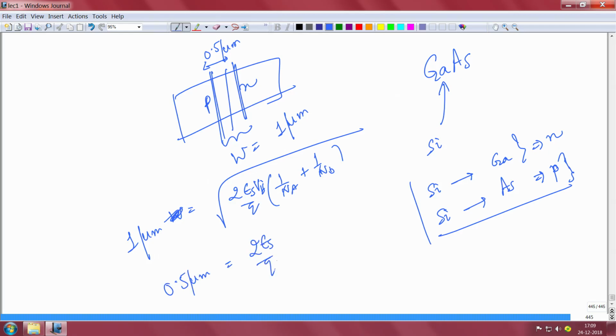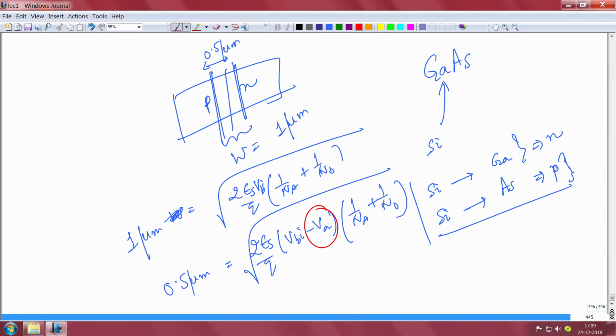So W equals the square root of 2 epsilon by q times VBI minus the forward bias voltage, times 1 by Na plus 1 by Nd, right? You want to find out what voltage you have to apply. So you divide one by the other, and 1 by 0.5, whole square, will be equal to, everything else cancelling out, VBI by VBI minus VA.